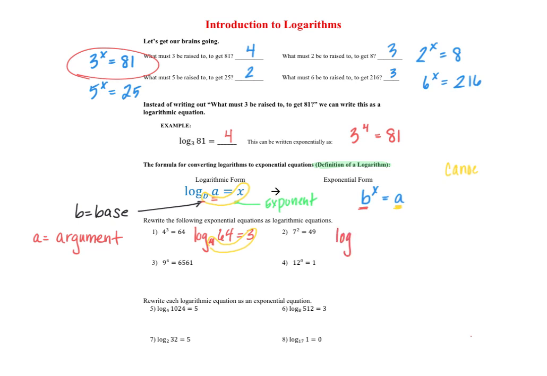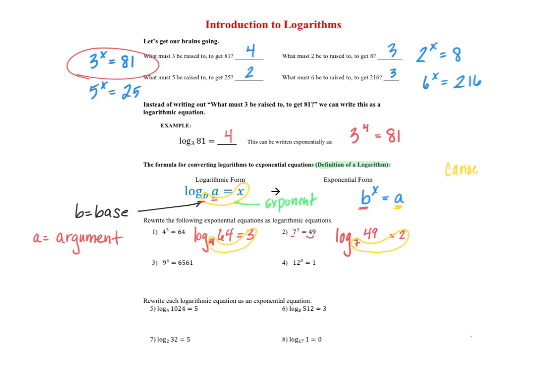The base of my exponential expression, my 7, is going to be the base of my log. My exponent, which is 2, is going to go by itself. And the value on the right side, that 49, is my argument. Checking with my canoe, 7 to the second is equal to 49.